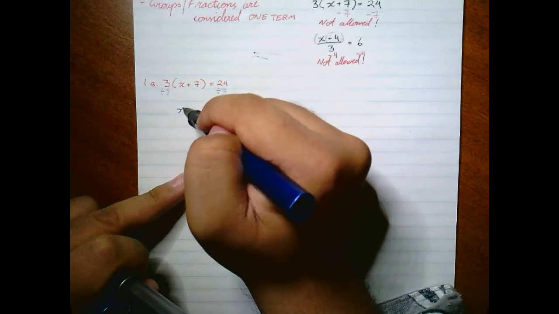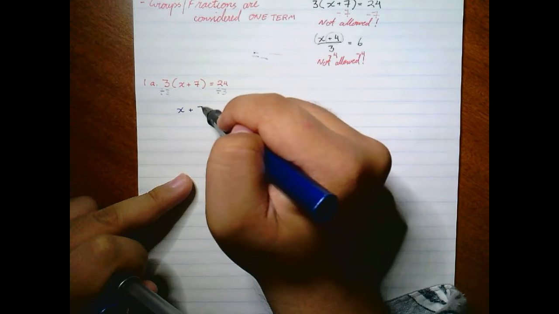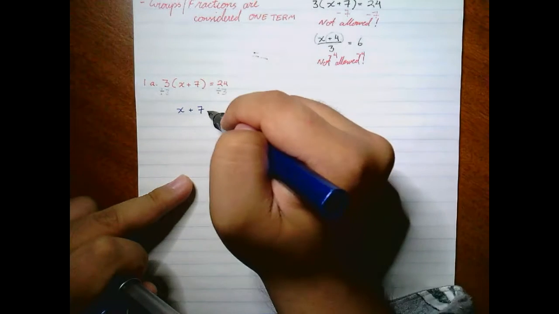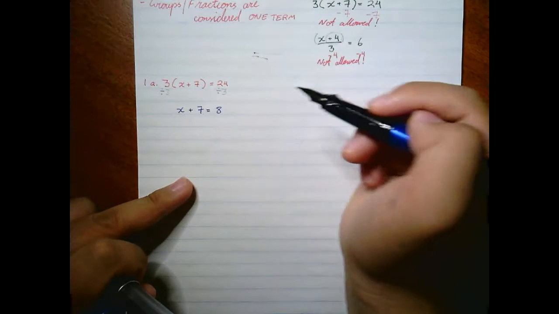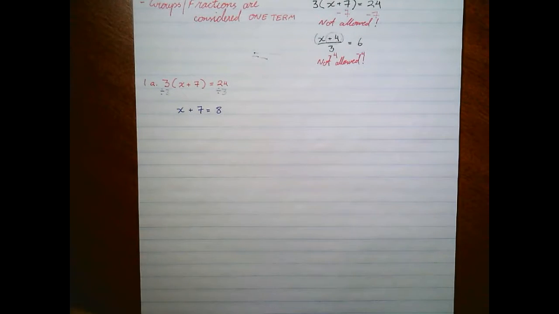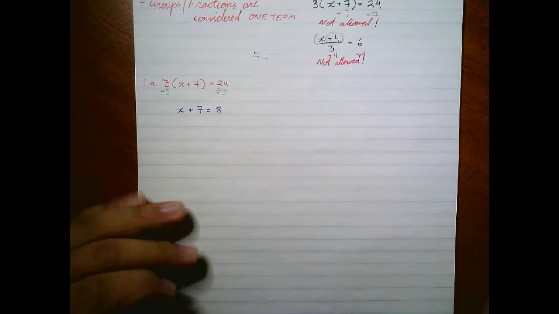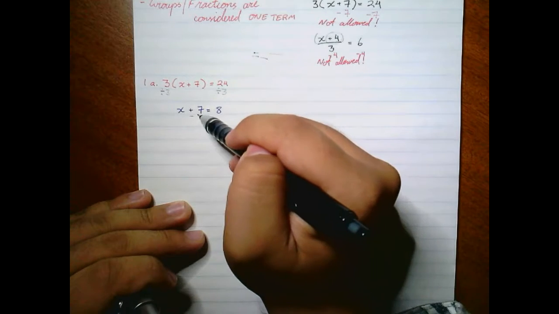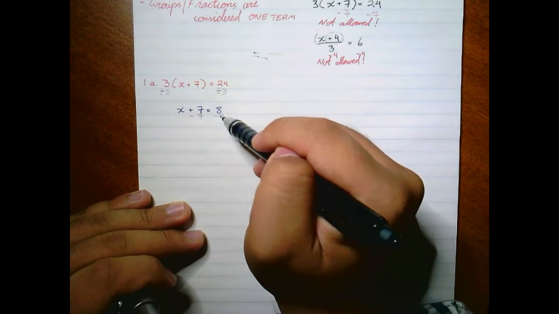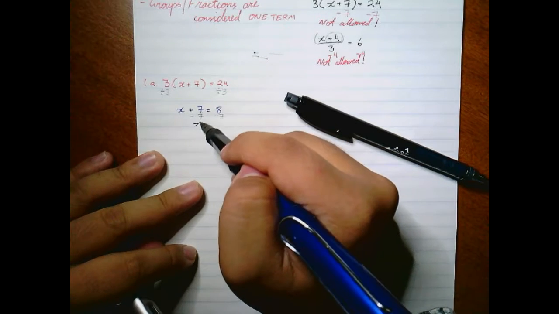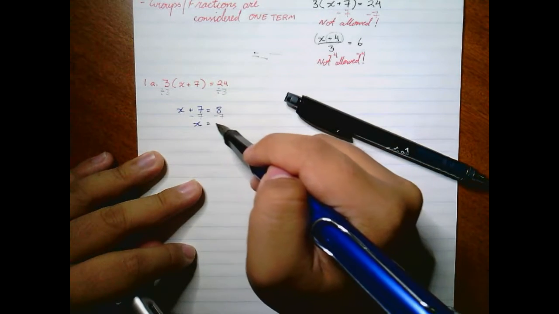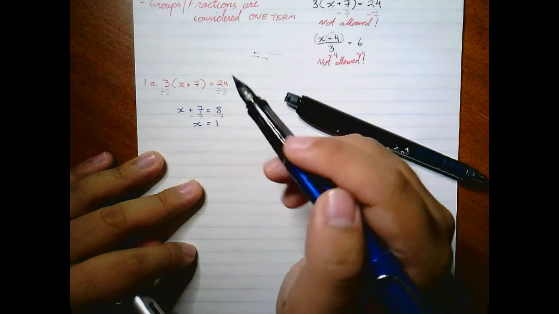But since it's now open, we don't have to write the brackets anymore. 24 divided by 3 is 8. The inverse operation of plus 7 is minus 7, minus 7. This will give us x on its own is equal to 1.